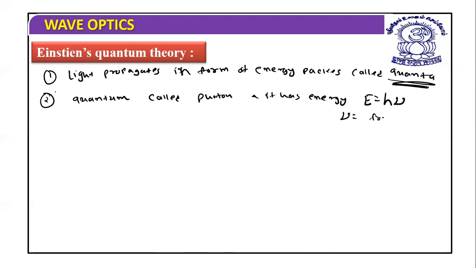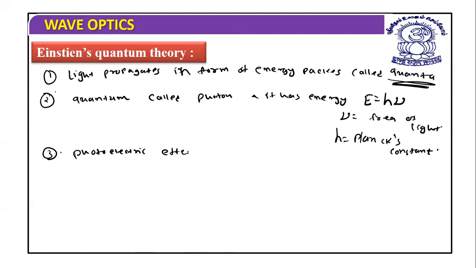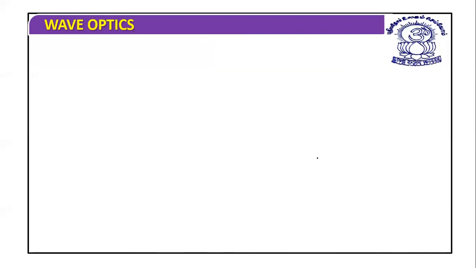Here nu is the frequency of light and h is Planck's constant. This theory could explain photoelectric effect, as it talks about the discrete energy. But again, there were some limitations to this theory also.